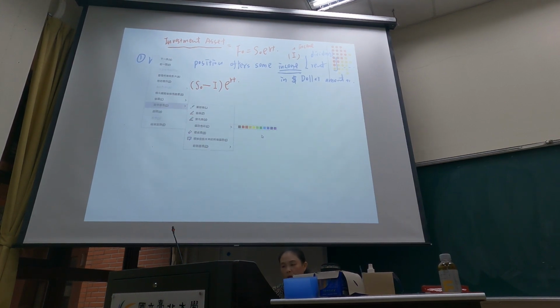Sometimes the income which is given to you is in yields, which is a percentage. So holding the spot position offers some income, but this time it is in percentage.